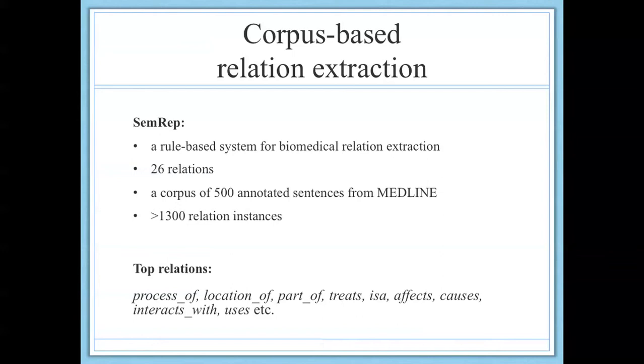The system is accompanied by a corpus of 500 sentences manually annotated with the relations and the concepts they link. In total, the corpus contains over 1,300 relational instances, which we represented as sets of features and trained a machine learning classifier on them. The trained classifier now can be applied to new texts in order to extract new relational instances and ultimately new definitions.